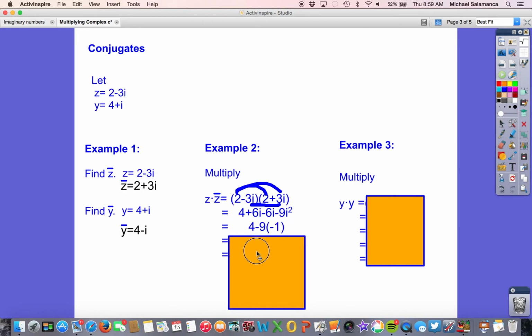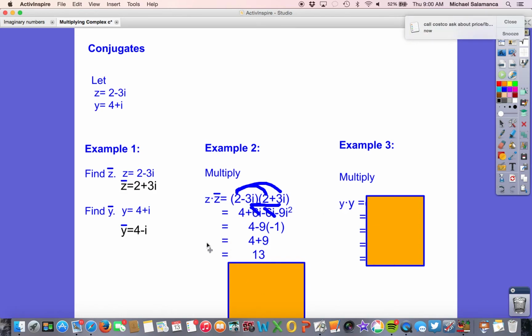If we simplify that further, you'll notice that the 6i's cancel out, and then you have negative 9, and i squared is equal to negative 1. So that turns into 4 plus 9, because negative 9 times negative 1 is positive 9, and 4 plus 9 is 13.